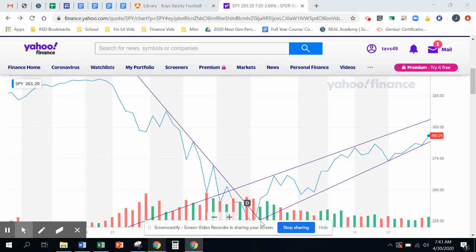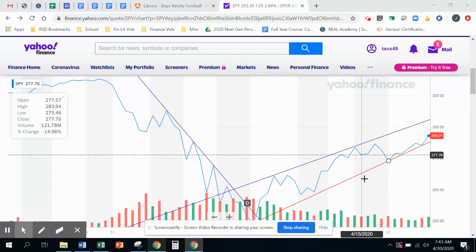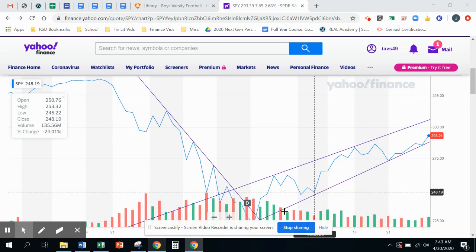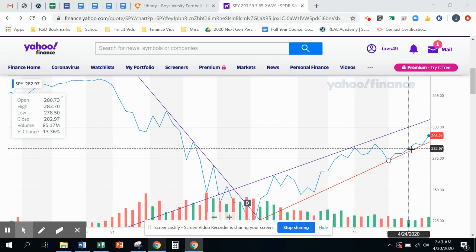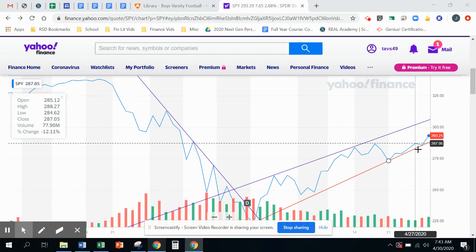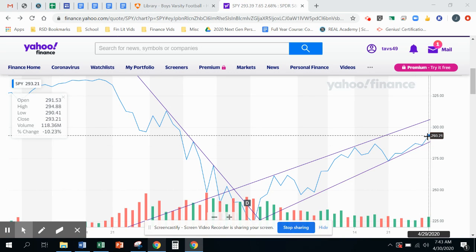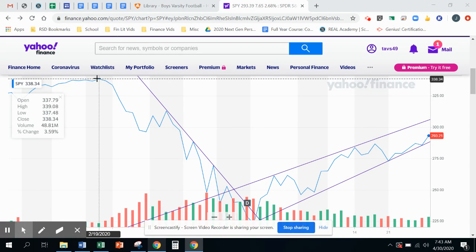So really the one I'm focusing on right here is the bottom trend line. As long as we close above that line, it looks like we will continue to go up. Now, realize the damage that's been done to the economy. It's hard to imagine that we're returning to pre-crisis highs of, let's say, 338.